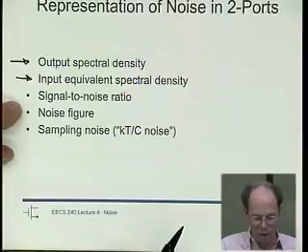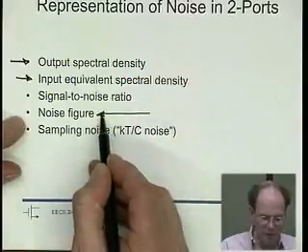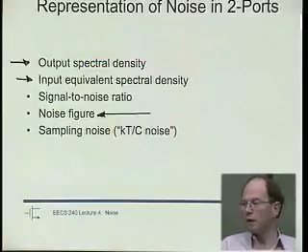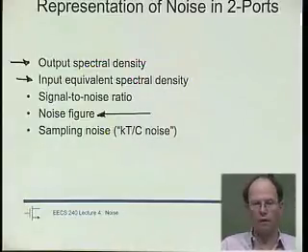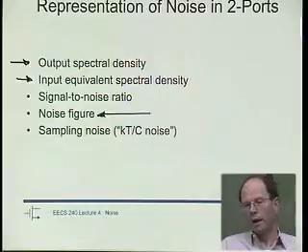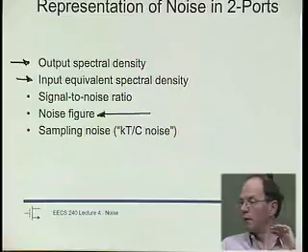Then we're going to look at a little bit at the signal-to-noise ratio. Noise figure is another very, very interesting measure that is related to signal-to-noise ratio that is used at high frequencies in high-frequency circuits. For example, if you have an LNA, a low-noise amplifier, in a radio, then usually it's specified by the noise figure. And the noise figure tells you that suppose that your input signal had a signal-to-noise ratio of 20 dB, and your LNA has a noise figure of 2.5 dB.